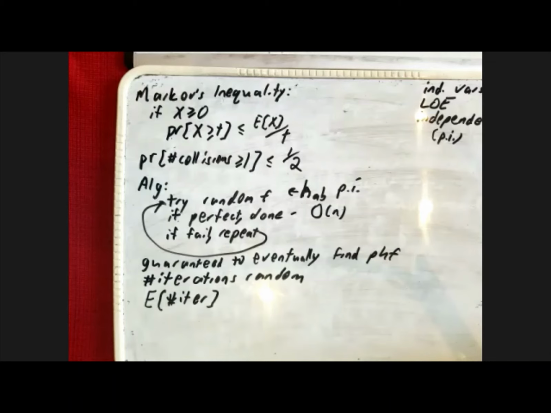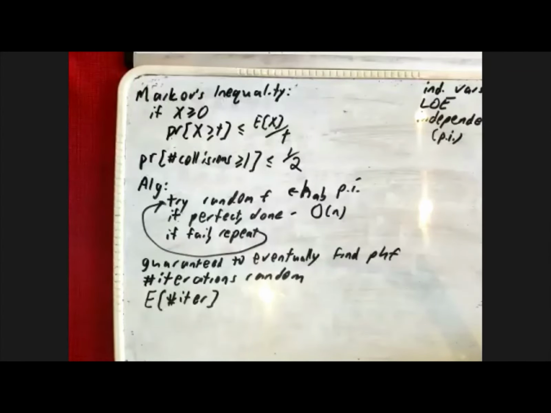So if you have probability 1 over k, and you roll a die with k sides, and you stop rolling once you see 1, the expected number of rolls for that is going to be k. Exactly, and this is totally intuitive, right?